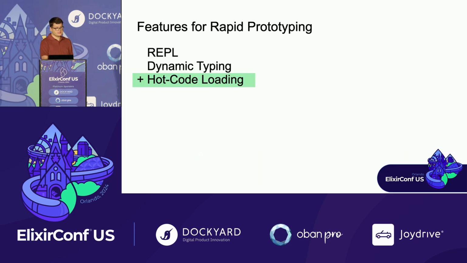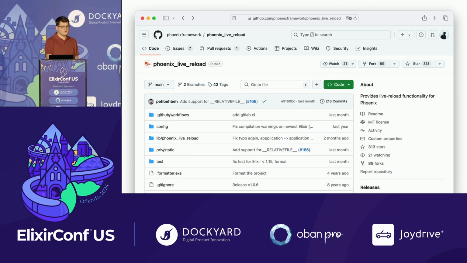All right, next up, hot code loading. So the Erlang VM is pretty famous for that, and we use hot code loading all the time. Whenever we have Phoenix projects, we have Phoenix live reload by default. Whenever we make a change and see it recompiled, that's thanks to live reload, and through hot code loading, our code is just updated.